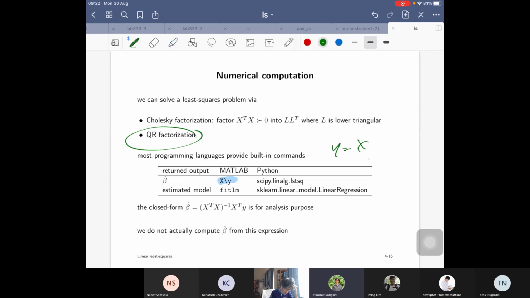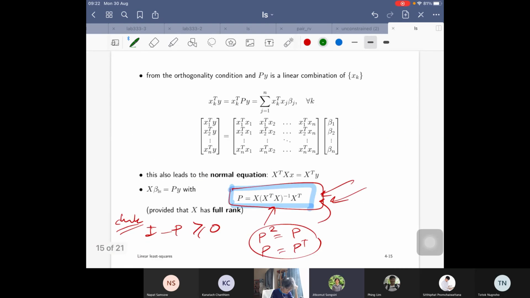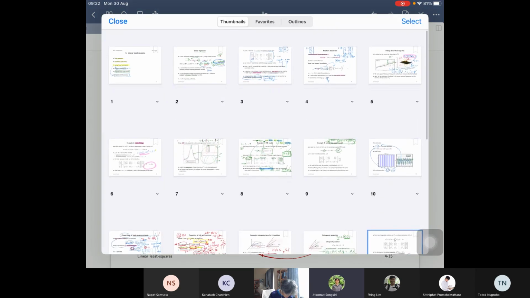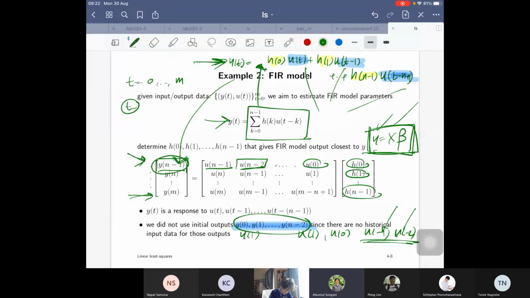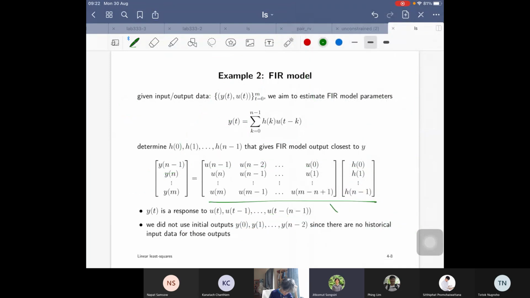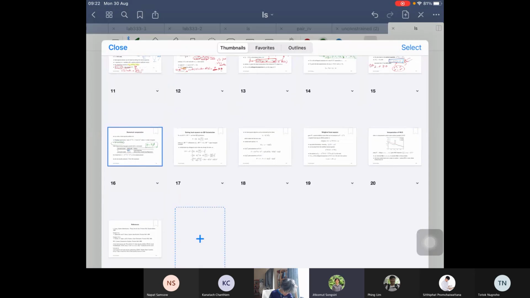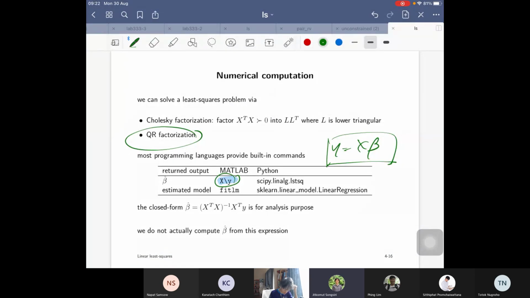Recall the engineering application that we saw before: once we have formed a vector equation X beta equals y, and you have X and y, then you can just use the command in MATLAB, X backslash y. That's one way. And in Python, you can use the SciPy least squares library, and you can get beta hat.